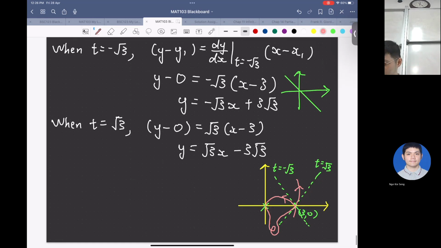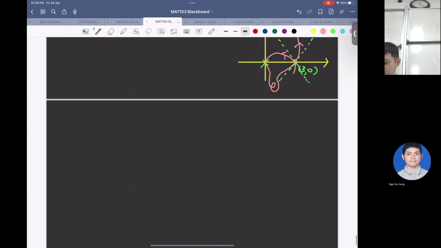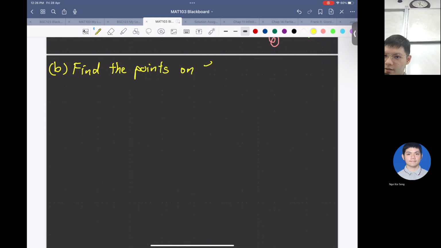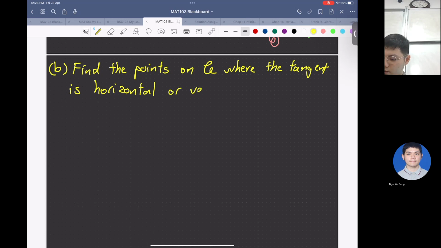Okay, so next part. So next part, we can find where the point on C is where the tangent is vertical or horizontal. Okay, so let's say we want to find horizontal tangent.